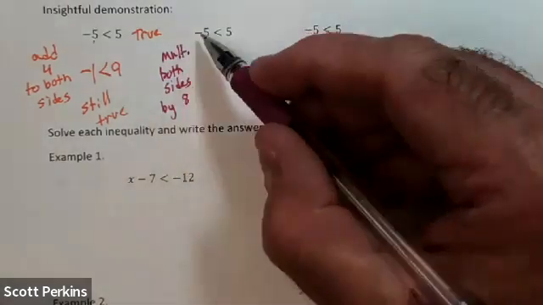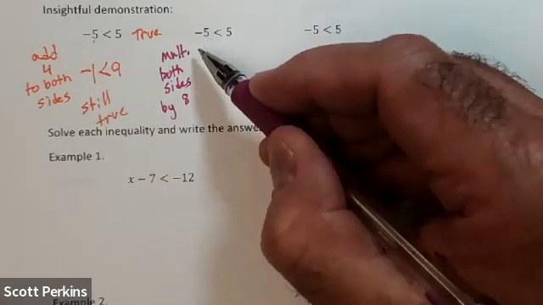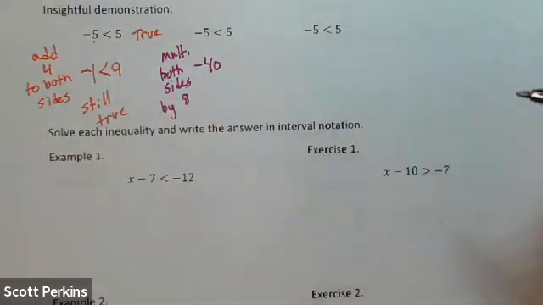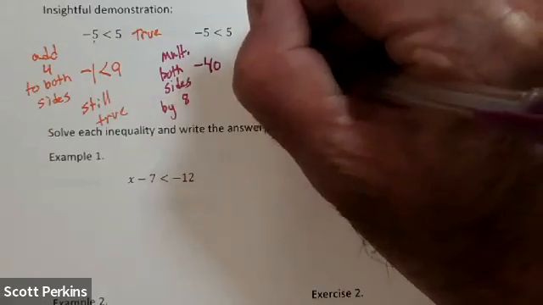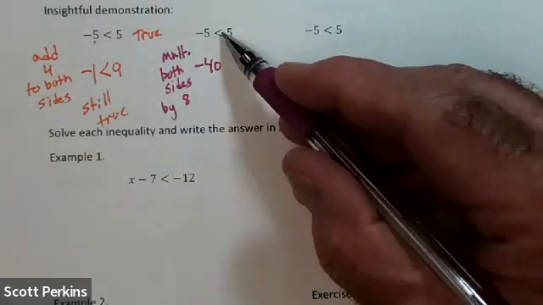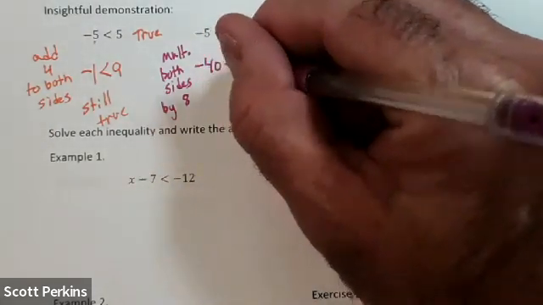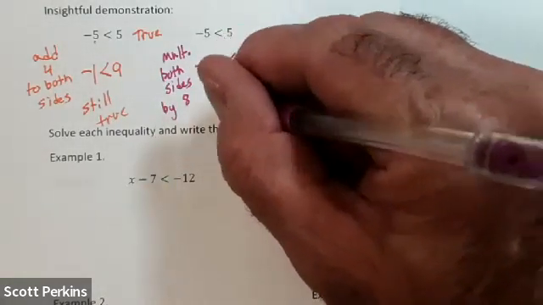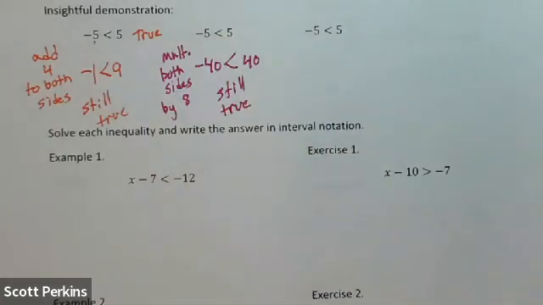So when I multiply -5 by 8, what do I get? -40. When I multiply 5 by 8, what do I get? Okay, 40. If I put that less than sign in there, is it still a true statement? Yes. What, again, I've just demonstrated to you is multiplying or dividing by a positive doesn't change truth value.